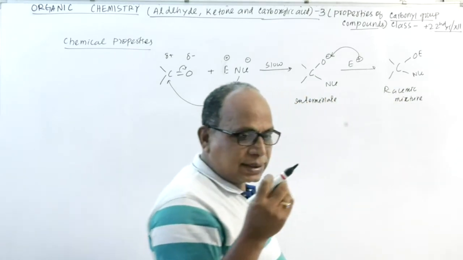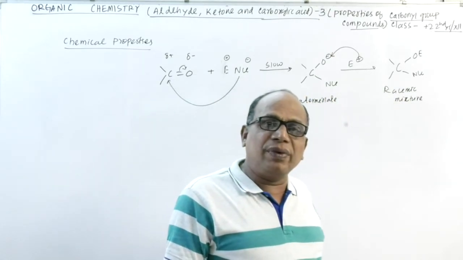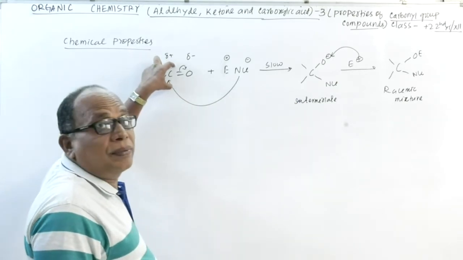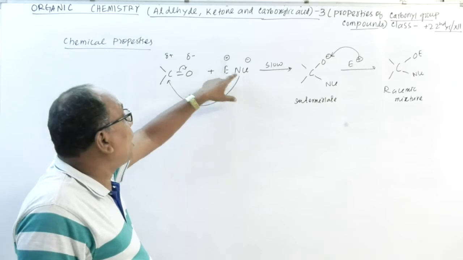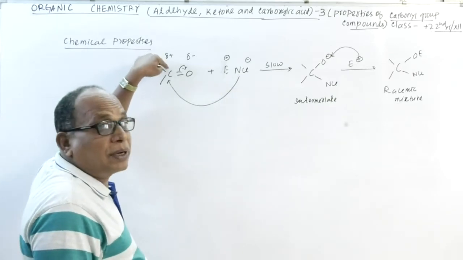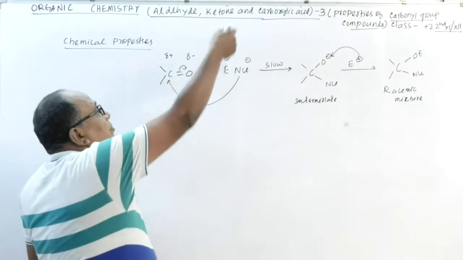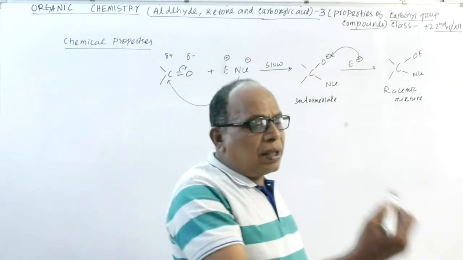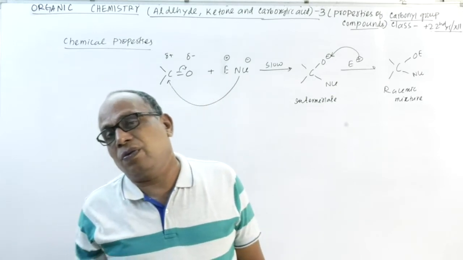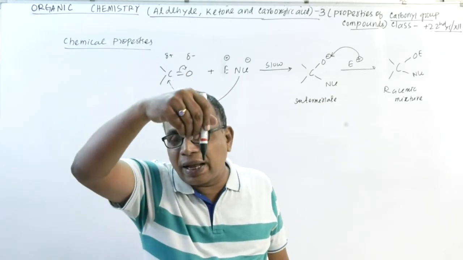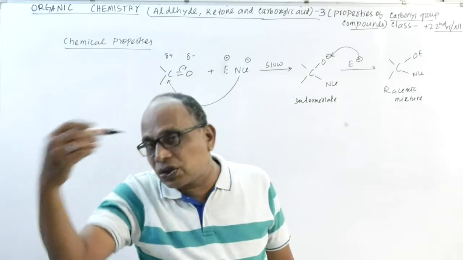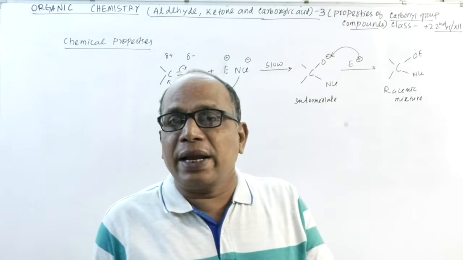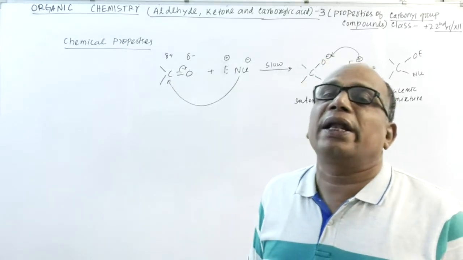That is, it possesses equal amount of D form and equal amount of L form because it has a trigonal planar structure. The nucleophile will attack this carbon atom above the plane or below the plane. That's why it gives two structures. In one, the nucleophile is above the carbon atom, and in another structure the nucleophile is below the carbon atom. That's why it always gives what mixture? Racemic mixture.